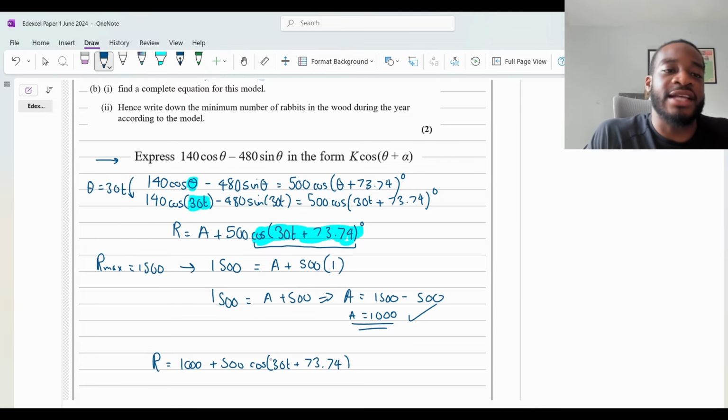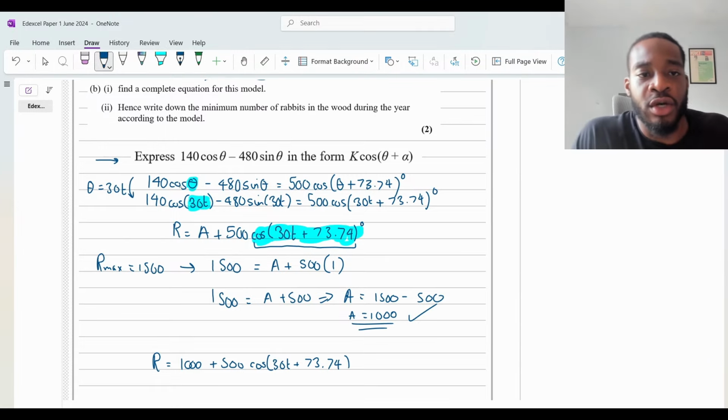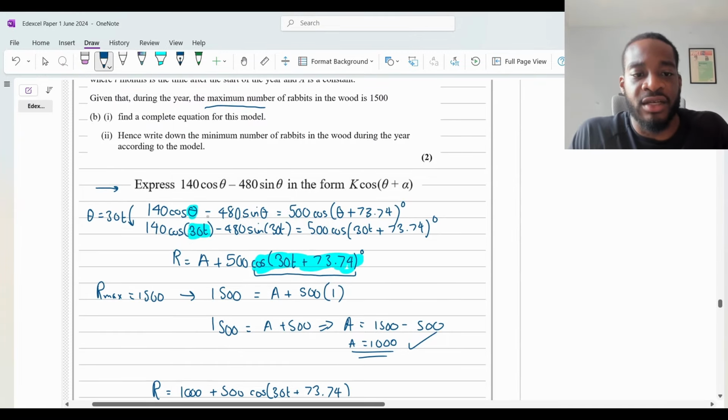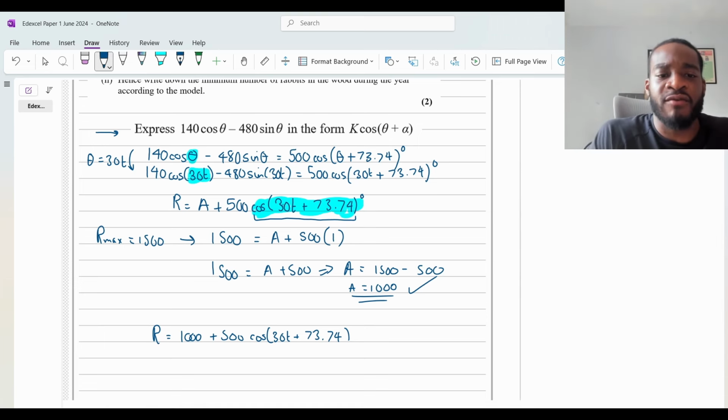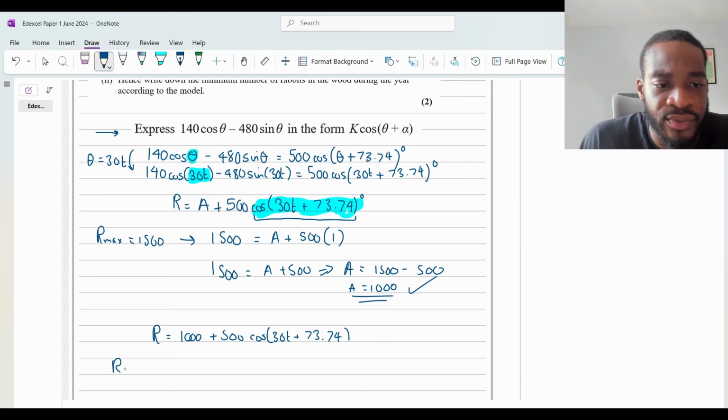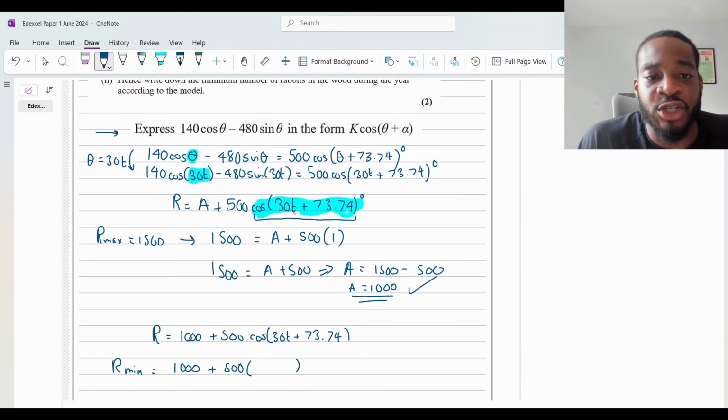Part II. Hence, write down the minimum number of rabbits in the wood during the year according to the model. So the maximum we know is 1500, and this is when the cosine expression is at its maximum, when it's 1. The minimum will just be the other way. R min would just be equal to, remember the model is 1000 plus 500, and we want this blue expression for cosine to be at its minimum.